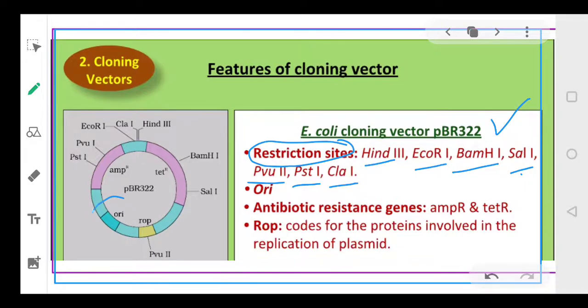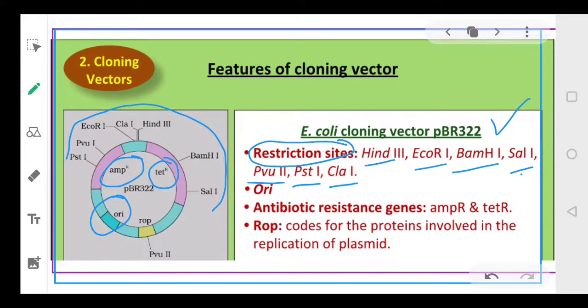Then there is an origin of replication. This is origin of replication. These all are your recognition sites. Okay. Then there are two genes which are AmpR and TetR.